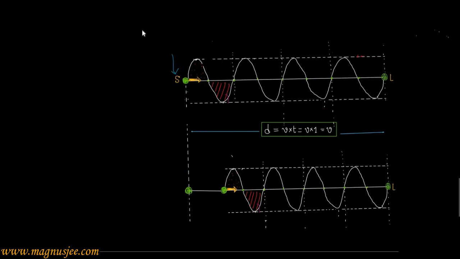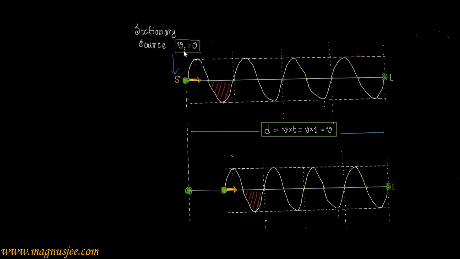Lambda is equal to v by nu, where v is the velocity of sound and nu is the actual frequency of the sound wave. We can explain the diagram again. S is the stationary source of sound. That's why the velocity of the source of sound, Vs, will be equal to 0. Vs is equal to 0 means the velocity of the source is 0.